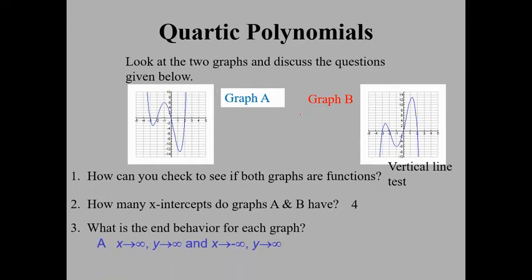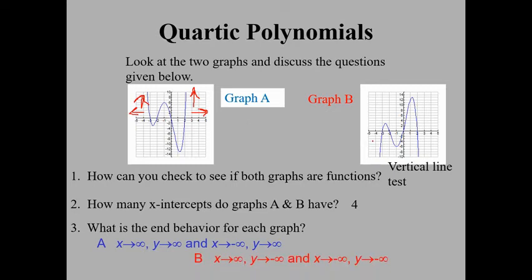All right, so as we look at graph A, notice that as x goes to infinity, y is going to infinity. And as x goes to negative infinity, y is also going to infinity. Remember that a quartic is an even function.